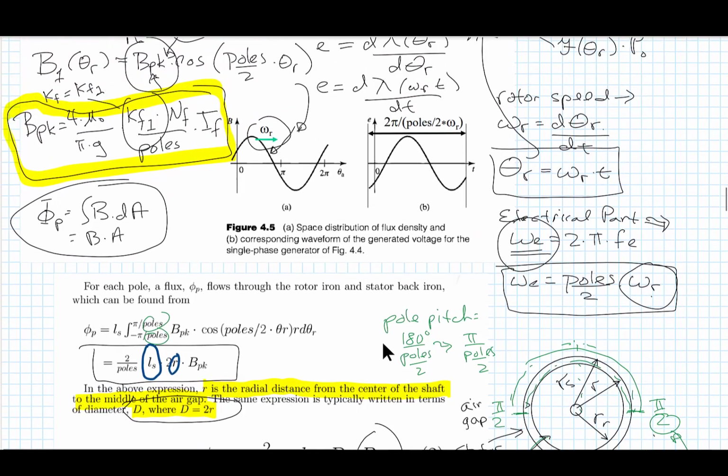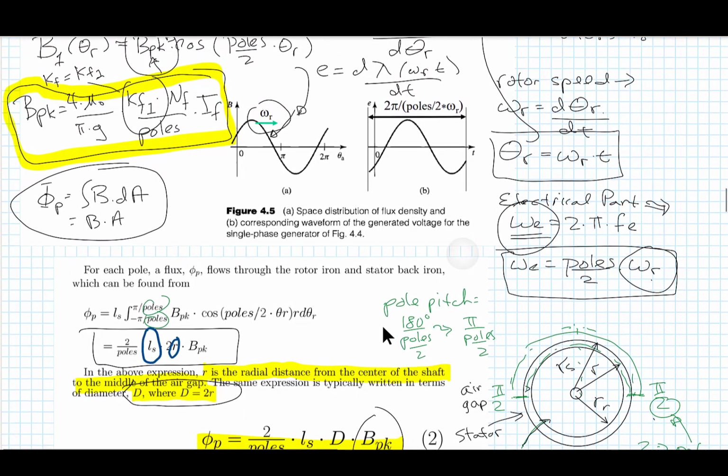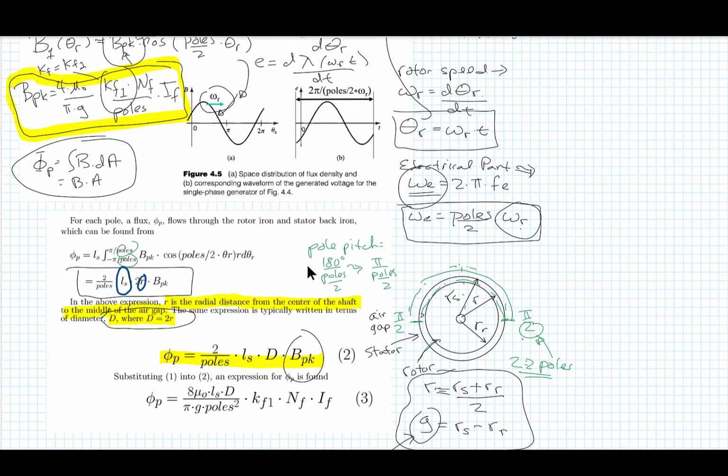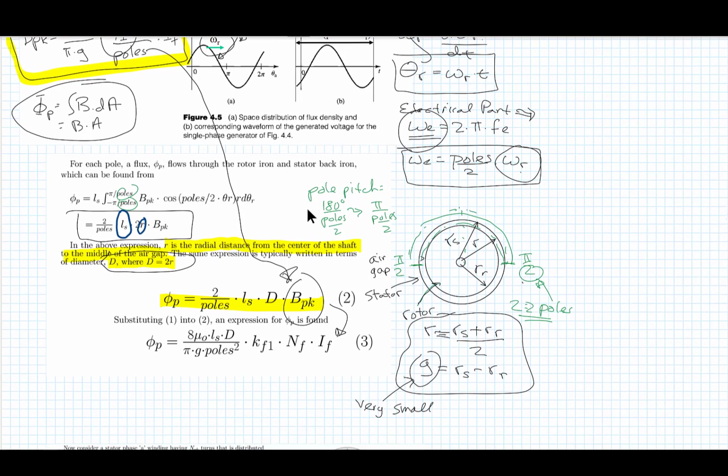But if we have information about what the field winding is on the rotor, we could take that information and plug it into here and get this expression here. So these are, I would say, the two principal expressions that you've got to take away from this lecture discussion as we look at a synchronous machine from a purely magnetic perspective.